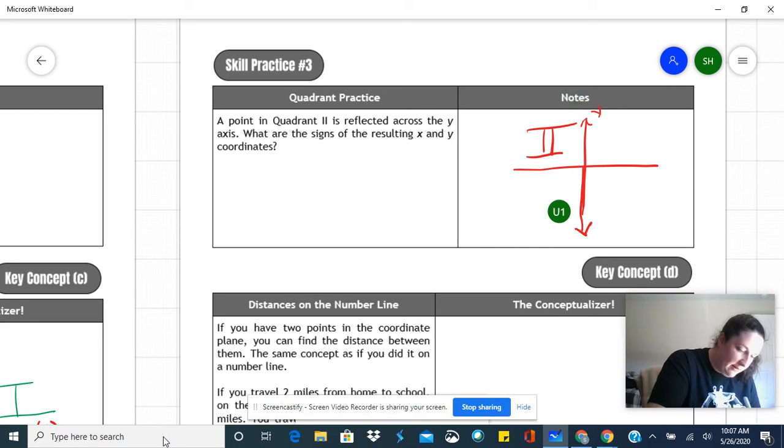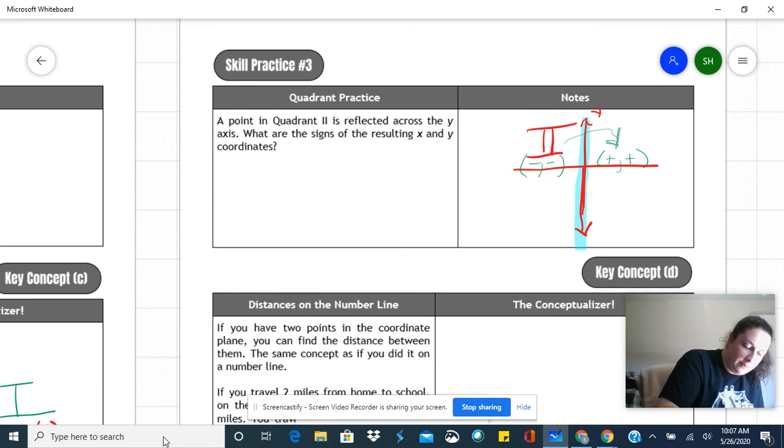So this is the line that we're going to reflect over. When we go from here to here, what sign is changing? So here we have a negative sign. Here we have a positive sign. Only the x sign will be changing.